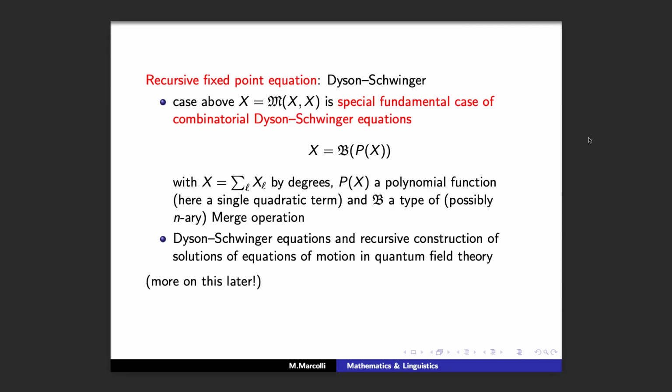And these Dyson-Schwinger equations provide you with the underlying combinatorial structure for when you want to recursively solve the equations of motion in the order of expansion in the perturbative expansion.